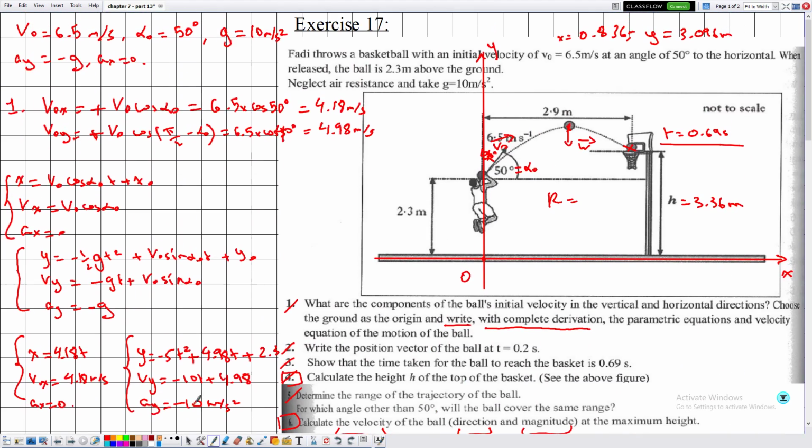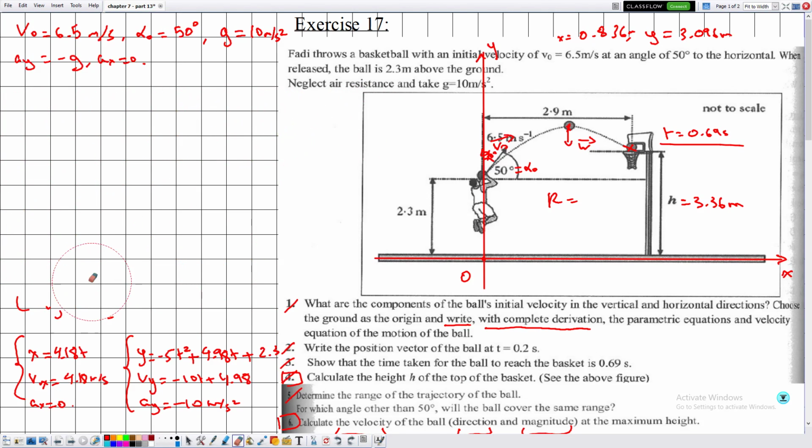So let me do this part here. We are interested in determining the velocity vector, which is given by v is equal to vx i plus vy j, which is equal to 4.18 i plus (minus 10t plus 4.98) j.